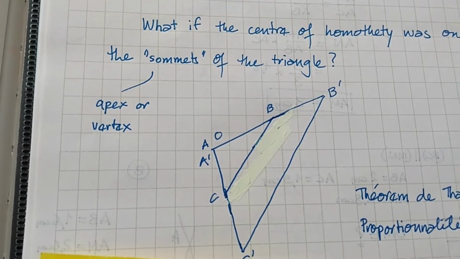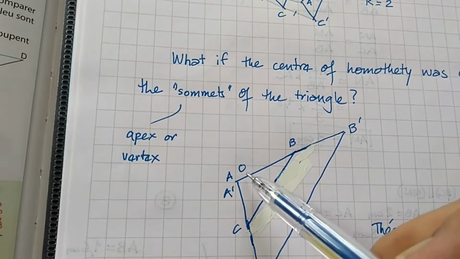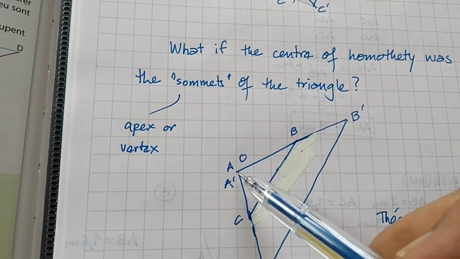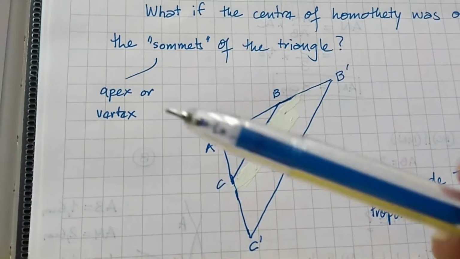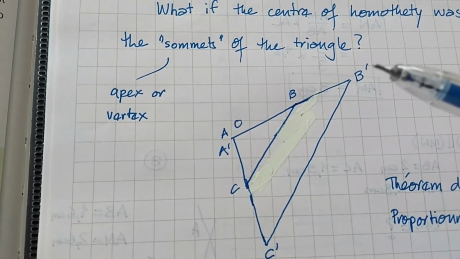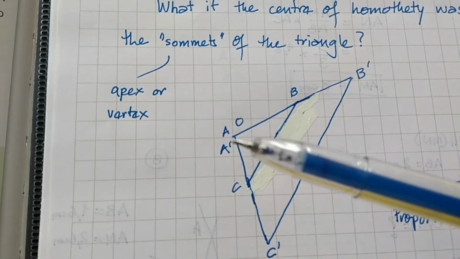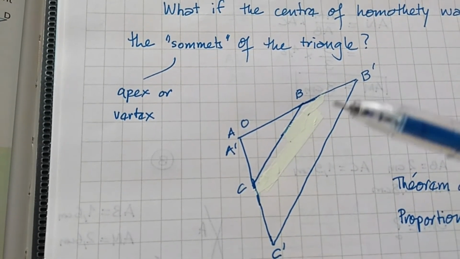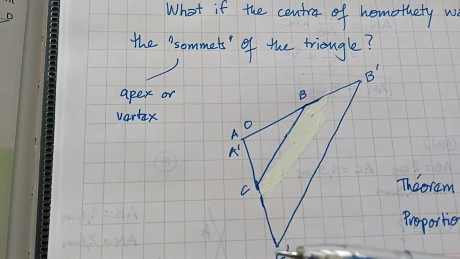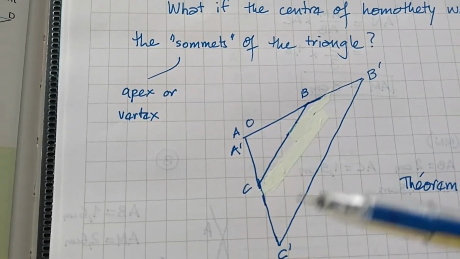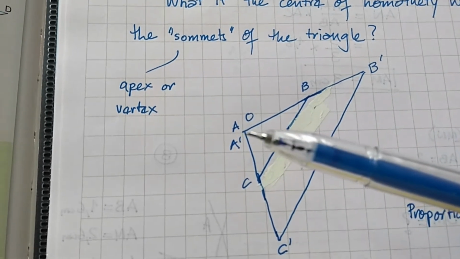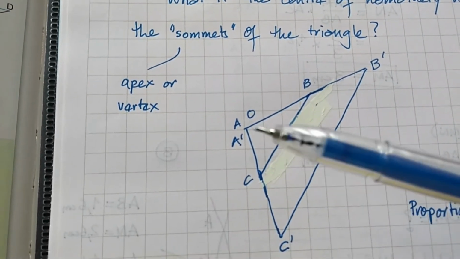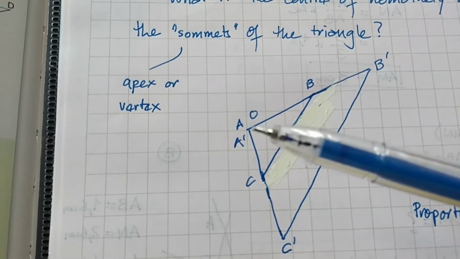So in this case, very clearly, O, A and A prime are the same point, and using the k, we get OB prime. We can draw OC prime and then join B prime and C prime to get the bigger triangle, which is an enlargement of ACB.